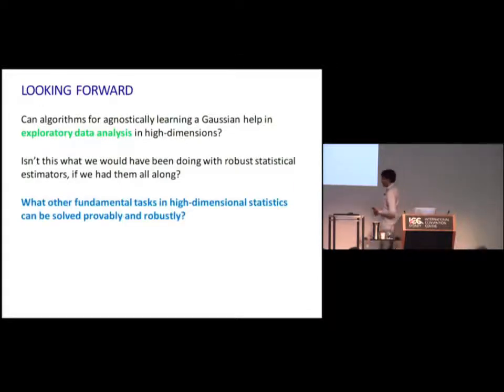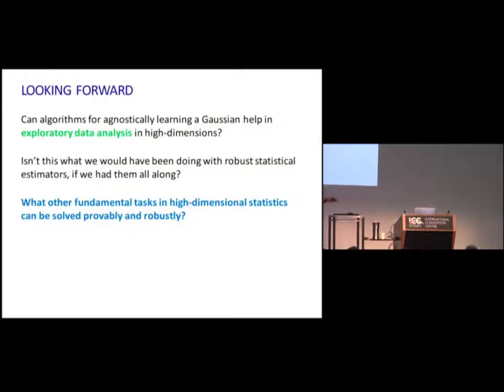And one last question I want to leave you with is, the fact that you can do high-dimensional robust estimation for a Gaussian is something that really surprised me personally. I mentioned that in theoretical computer science it would be called proper agnostic learning. Now, agnostic learning has a long and storied history. In this setting, we're talking about it in an unsupervised setting because you want to estimate the parameters of your distribution.